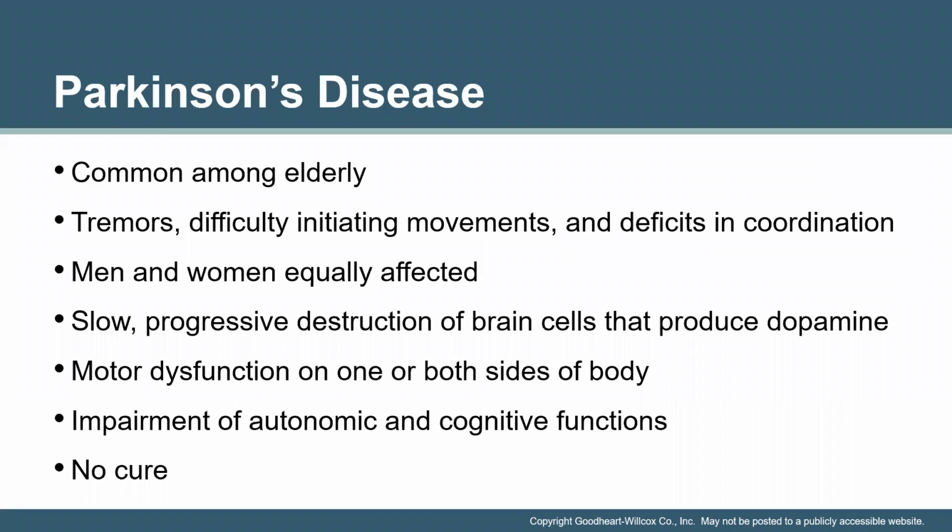Parkinson's disease, this is a later in life disorder, and this comes from damage to a particular brain center that's responsible for coordinating and initiating movements. It says men and women affected equally. However, I want to say that's a little less than accurate.